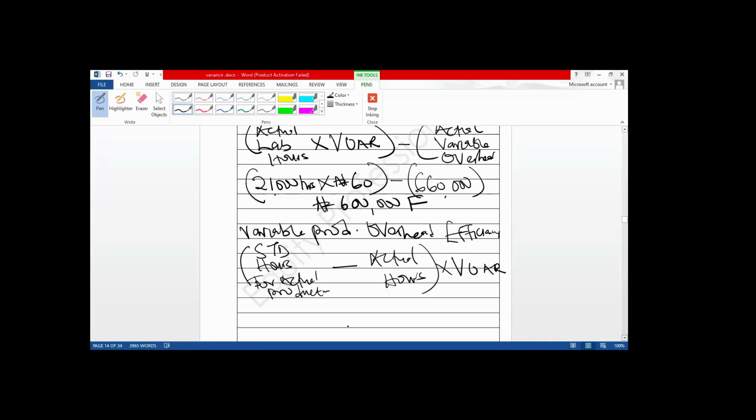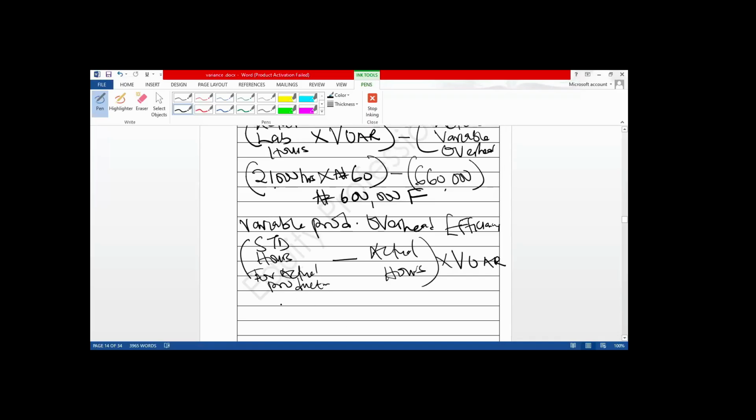Standard hours for actual production, 28,000. We have computed that before. Actual hours used, 21,000. Multiply by the variable overhead absorption rate, 60 naira.